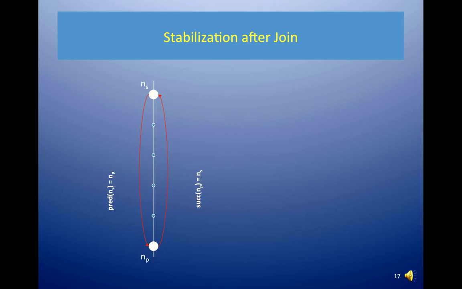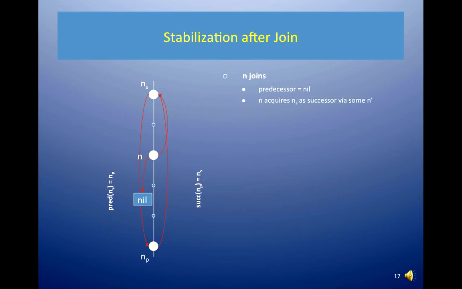In this scenario, ns is the node successor and np is the node predecessor. Now node n joins. Once node n joins, it doesn't know its predecessor, right? So it makes its predecessor null. And now n knows its successor through some other mechanism, maybe n2 or something like that.